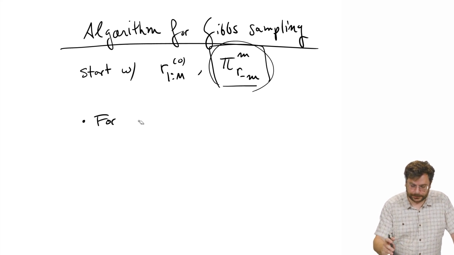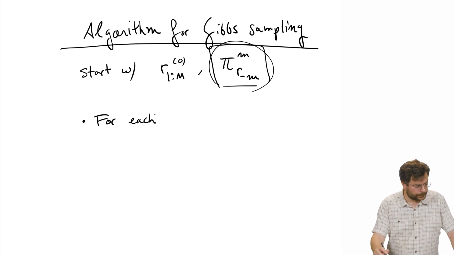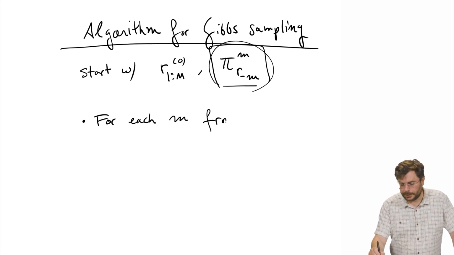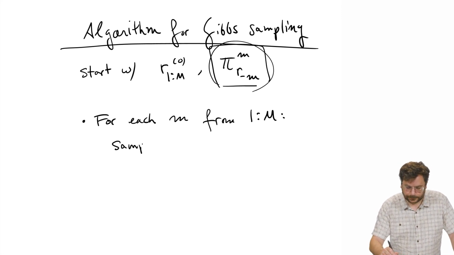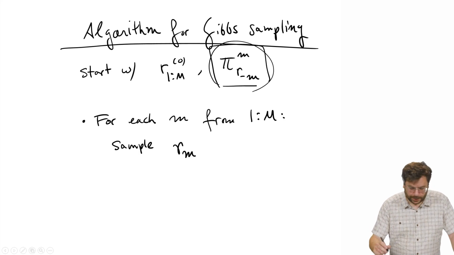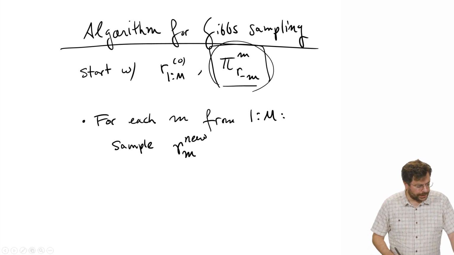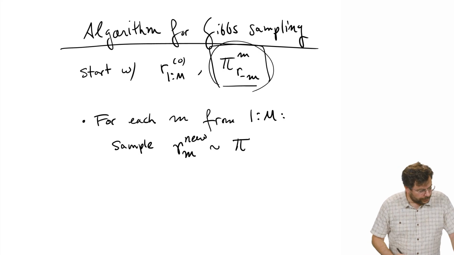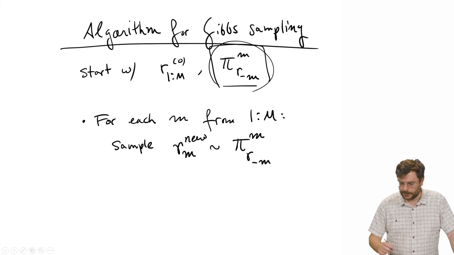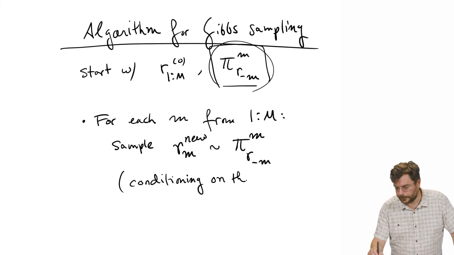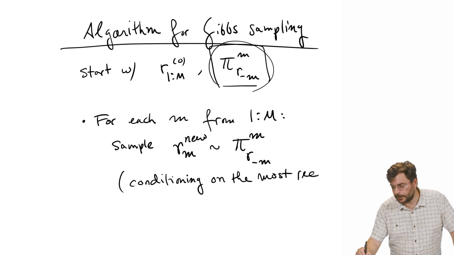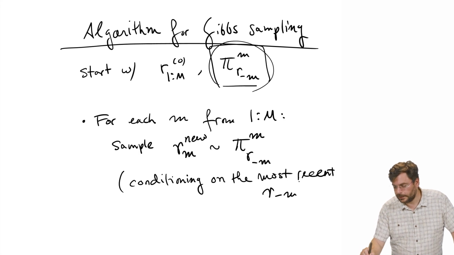For each m from 1 to m, you're going to sample Rm, let's call it Rm new, drawn from the distribution of Rm conditioned on the most recent R minus m.